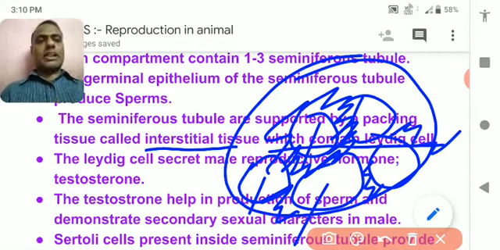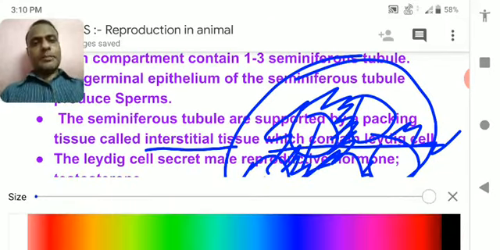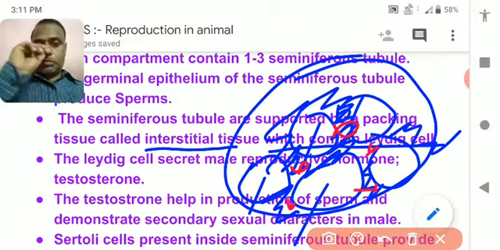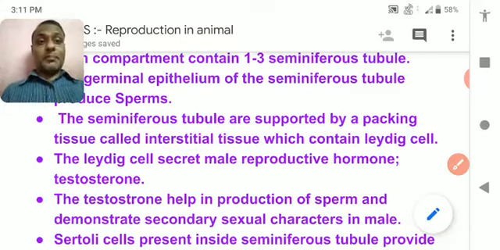This is called interstitial tissue, and it contains some specialized cells called Leydig cells, and these cells produce a very important hormone.